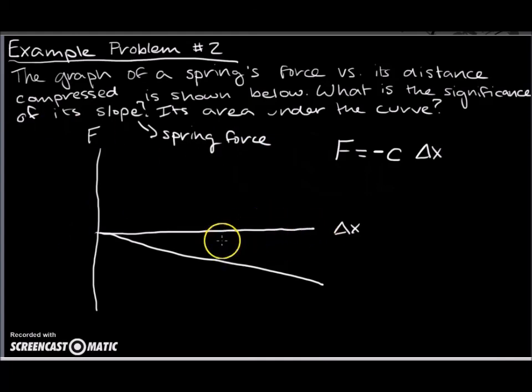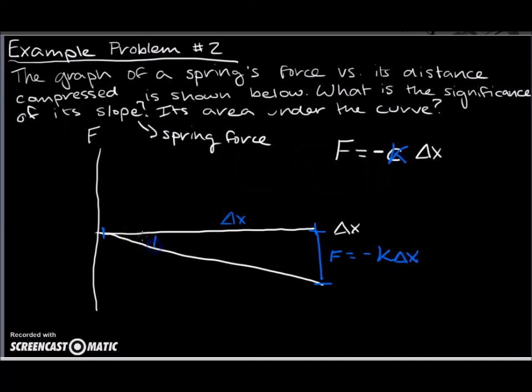Now let's tackle the area under the curve. Let's go ahead and find the area and multiply it out, and then maybe we'll see what happens. So this is our delta x after some period of time, and this height is going to be our force. And we already know that our force is equal to negative c, which is actually k, times delta x.